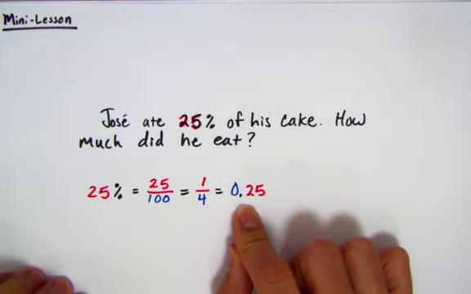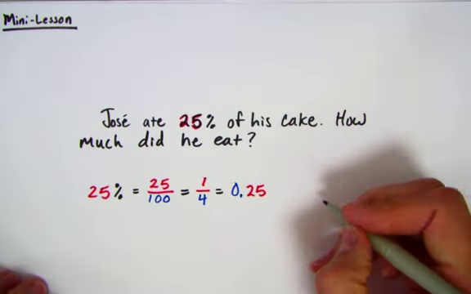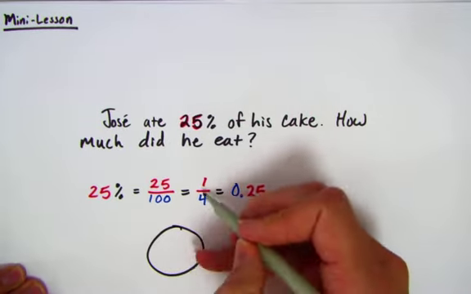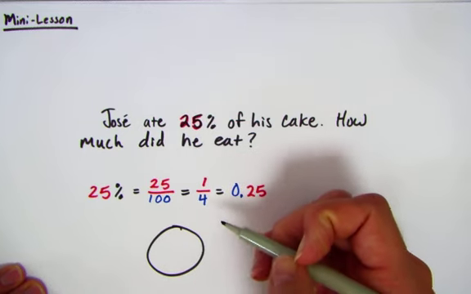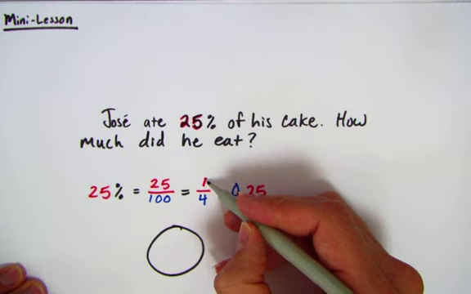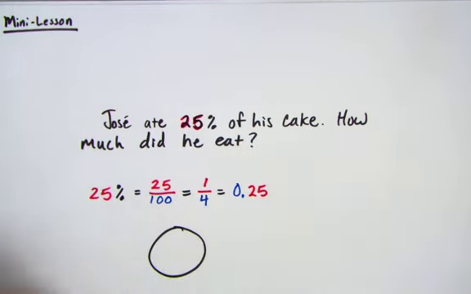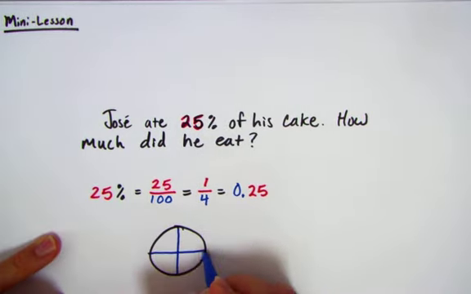So let's figure out how much of the cake he ate. Let me draw a cake right here. And since I know that 25% is the same as 25 over 100, and 25 over 100 is the same as 1 over 4, or 1/4, then I could just simply cut this cake into fourths. All right.